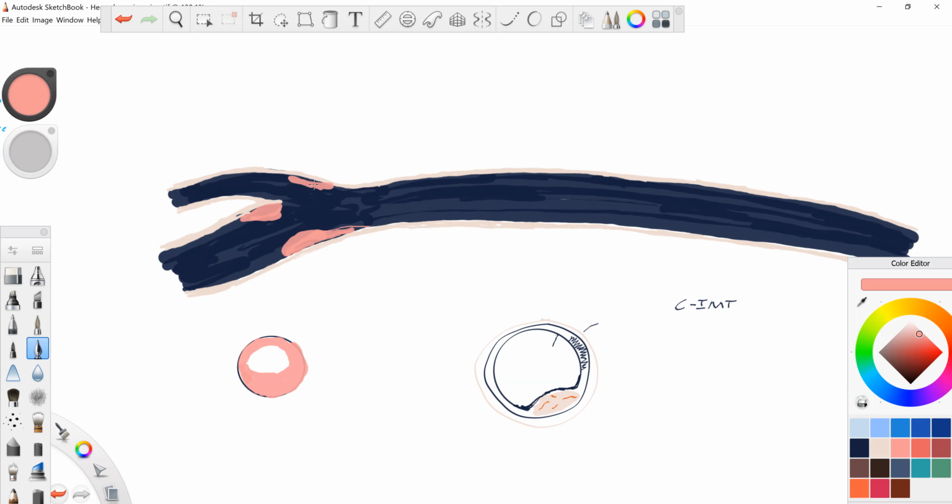And so, of course, with our exam, let's just remind ourselves what we do for these exams. We'll do spectrals, grayscale, color, spectral. We'll do transverse imaging. Now change my direction.